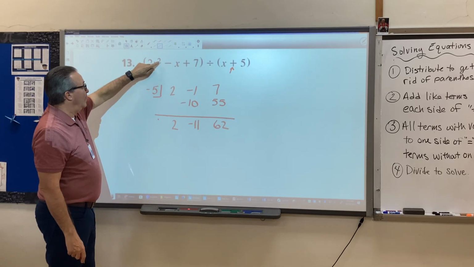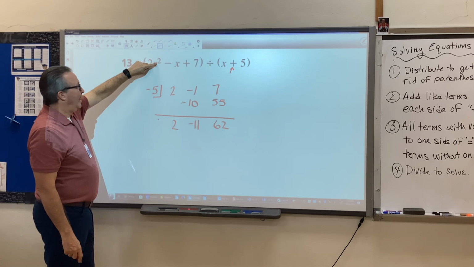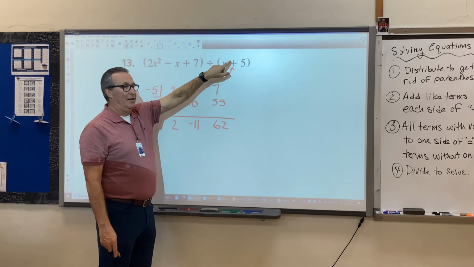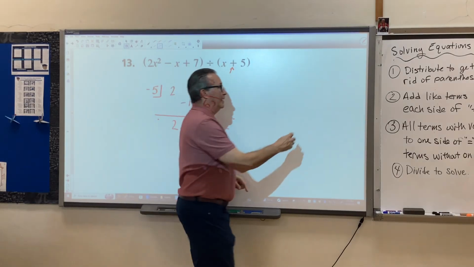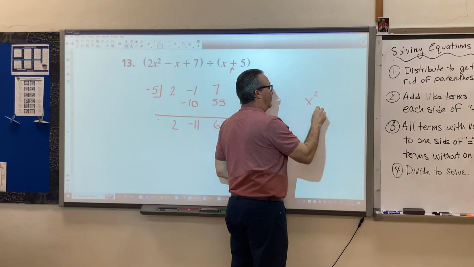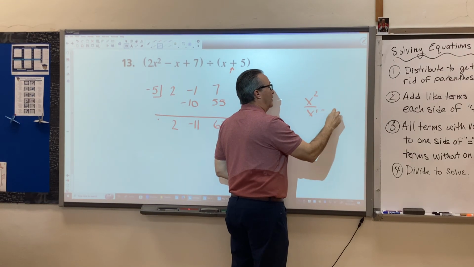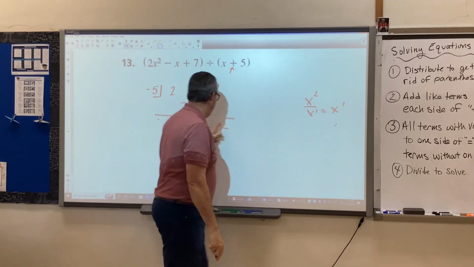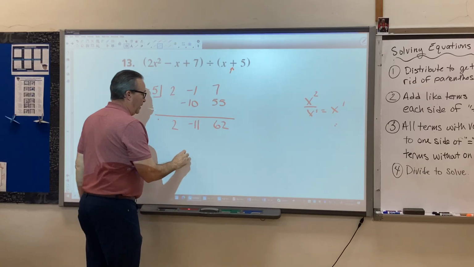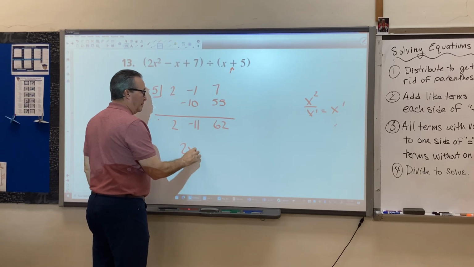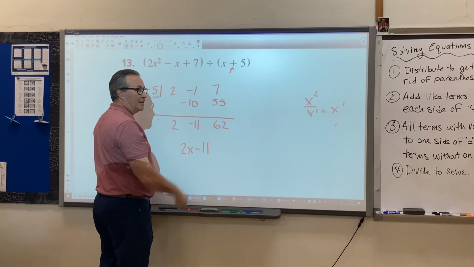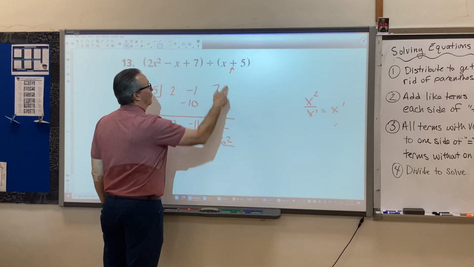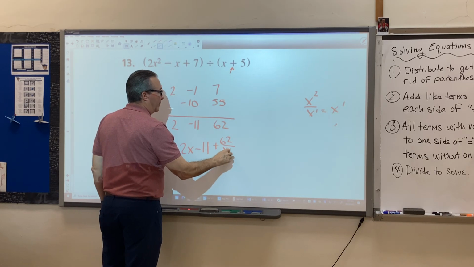Since we started with x to the 2nd power here, we're dividing it by x to the 1st power, you get x to the 1st power. So in your answer row, this is 2x minus 11, and that's the remainder, plus 62 over x plus 5.